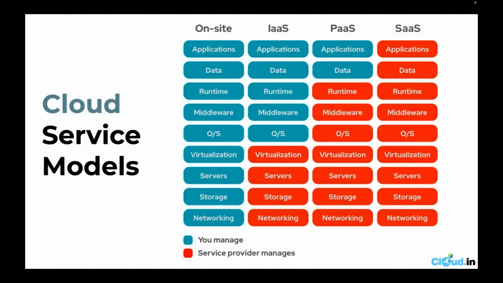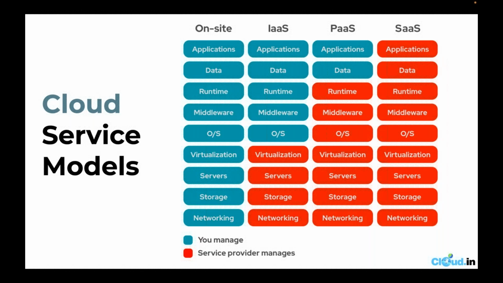So as I said, software as a service provides you with a completed product, in short, that is run and managed by the service provider. Basically, this is referring to the end user applications. And with a SaaS offering, you do not have to think about how the service is maintained or how the underlying infrastructure is being managed.